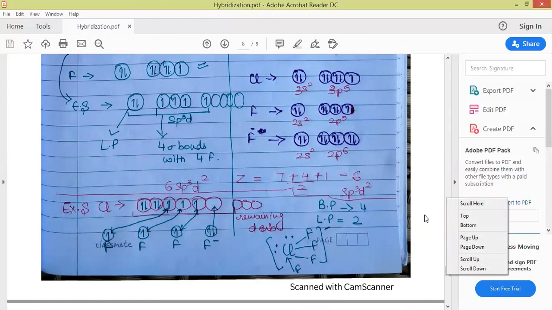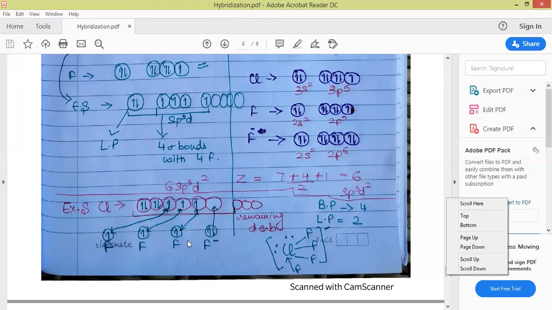So based upon this, we'll keep these 2 pairs as they are and we'll promote this 1 electron. And hybridization is going to be sp3d2. What will happen is, we get 3 electrons.